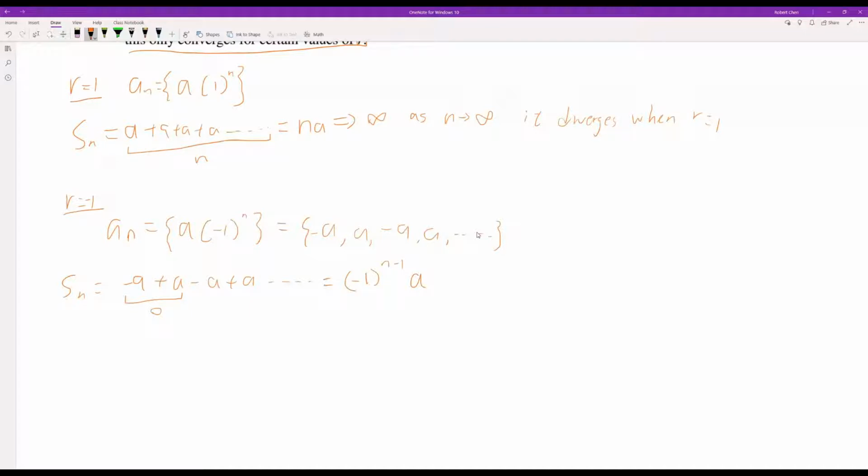And if you take the limit of this to infinity, it actually does not exist as n approaches infinity, because it's oscillating between negative a and a, going round and round. So it's not going to make sense when we take the infinite sum.